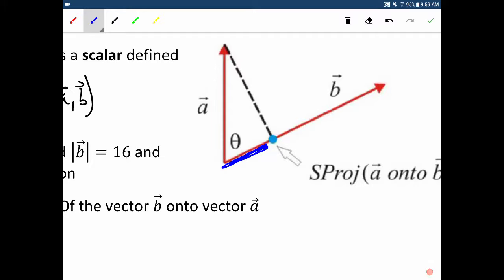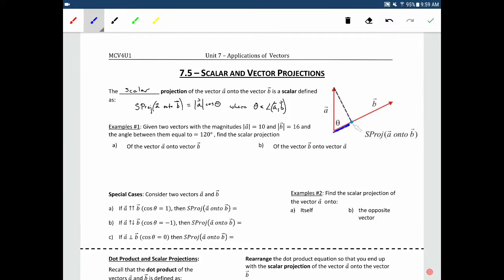You can think of it as shining a light on it, projecting the shadow onto B, and it's just the length of that shadow.